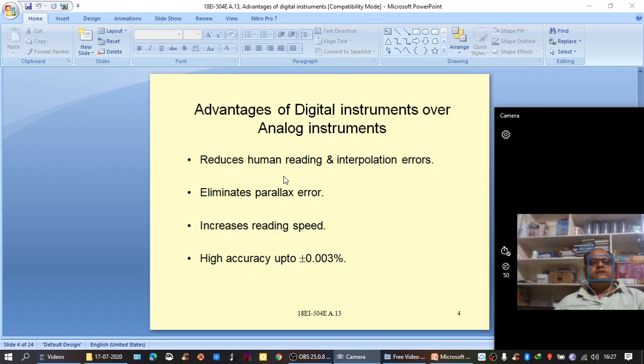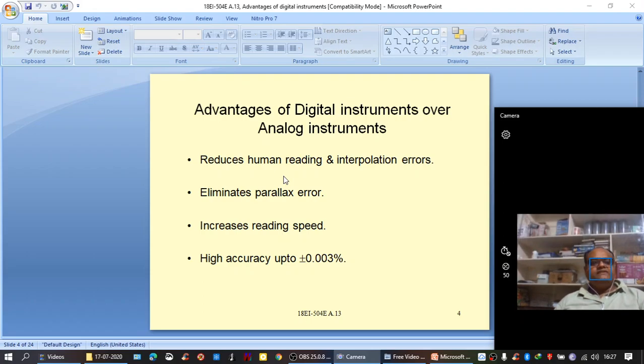But the human operator who is noting down the value may not be able to differentiate between the sixth subdivision and the seventh subdivision.